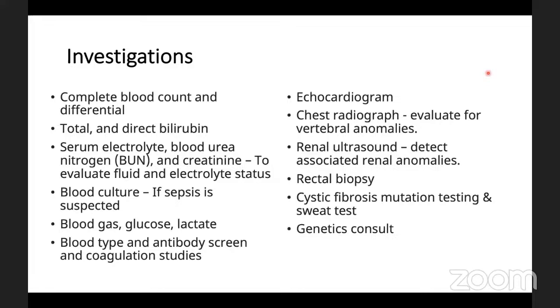Chest radiograph needs to be done to look for vertebral anomalies, renal ultrasound to look for associated renal anomalies, and then special investigations like rectal biopsy for particular cases of Hirschsprung disease, cystic fibrosis workup, especially when the baby has delayed passage of meconium and meconium plug syndrome is suspected, and sweat tests later on, and genetic consultation in suspected cases for family history.